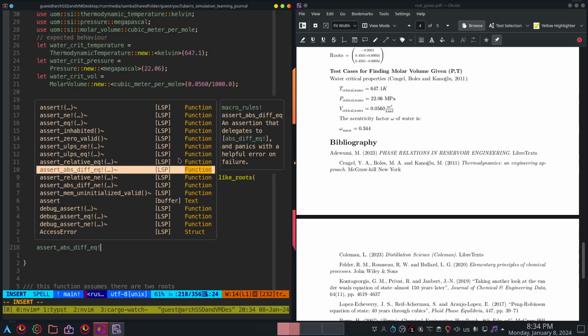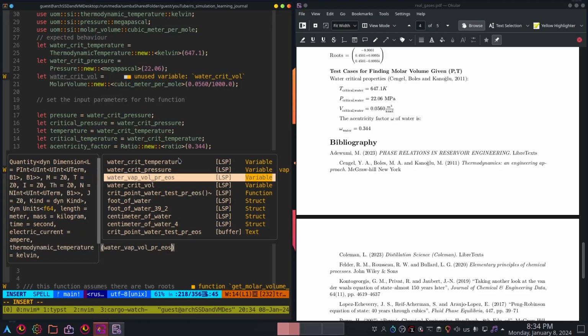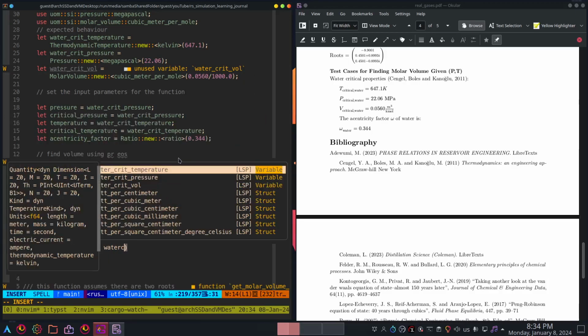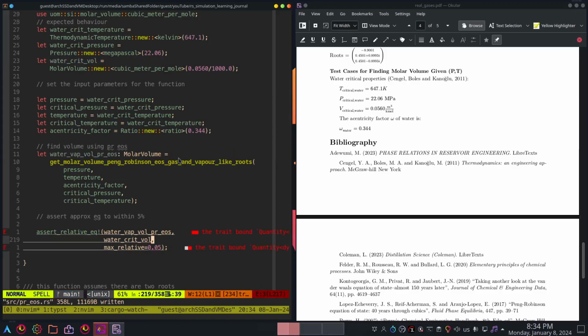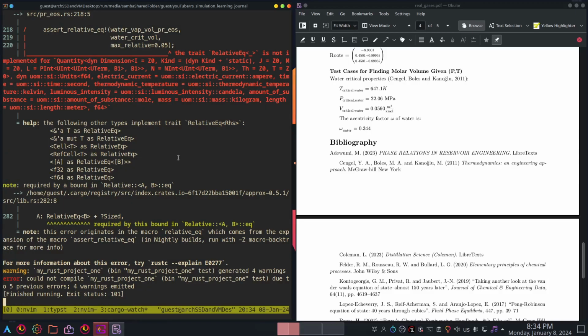For this, assert relative equal should work. Vapor molar volume and water critical volume, and max relative equals 0.05. Let's see whether this works. Okay, it says the trait bound is not satisfied.